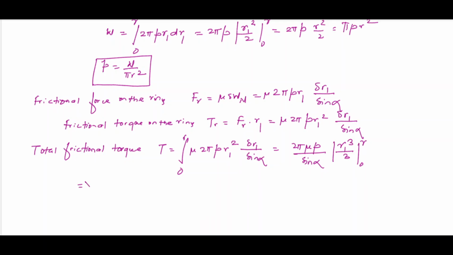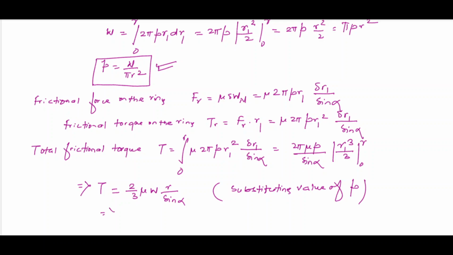Okay, so this T can be represented as 2 by 3 mu W r by sin alpha, if you are substituting the value of p.